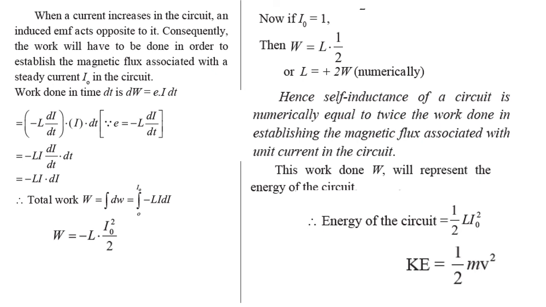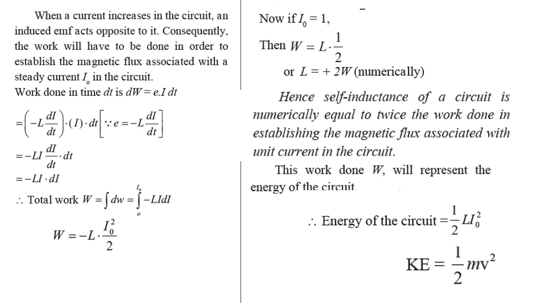If we take that steady current I0 to be unity, then the work done is L by 2, or we can write L is equal to 2 times the work done. Hence, we can also define self-induction of the circuit as numerically equal to twice the work done in establishing the magnetic flux associated with the unit current in the circuit.